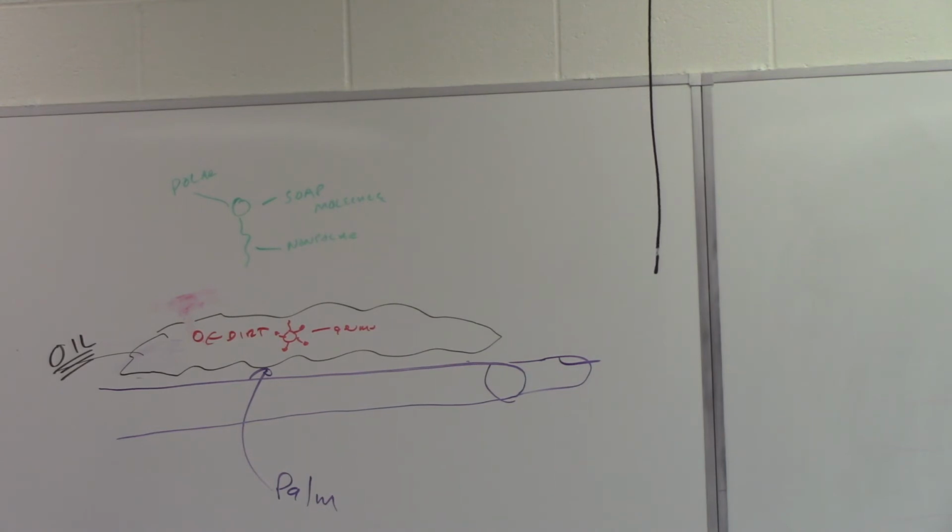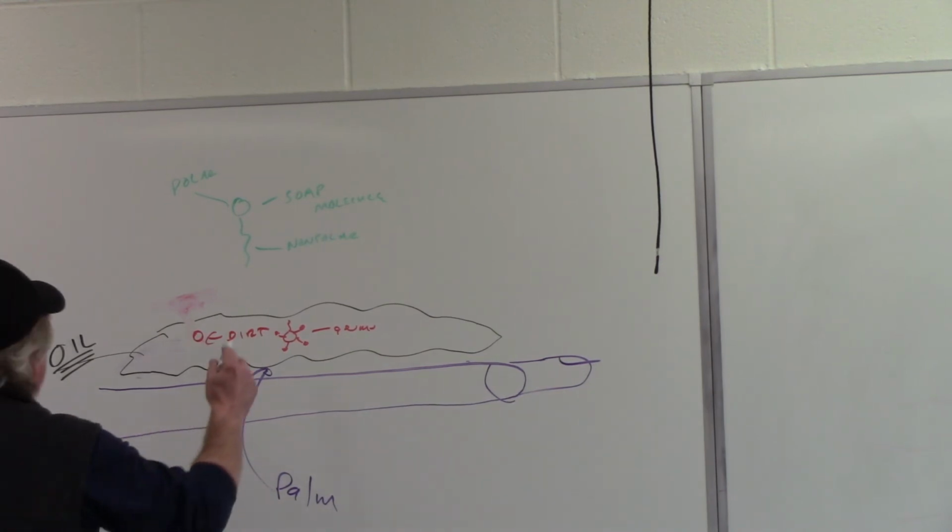If you put the soap on your hand without water, these guys would just randomly set themselves up on your hand and your oil, and it would do no good. So what you have to do is force the soap molecules to orient themselves in the right way. So the first thing you need to do is to add water.